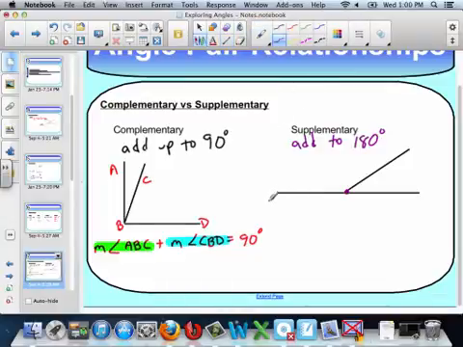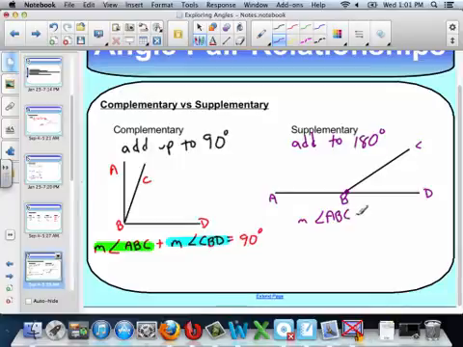So we have points A, B, C, D. What are my two angles now? Angle ABC and CBD. This time, notice how I say the measure, I represent it with the lowercase m. The measure of angle ABC plus the measure of CBD is 180.